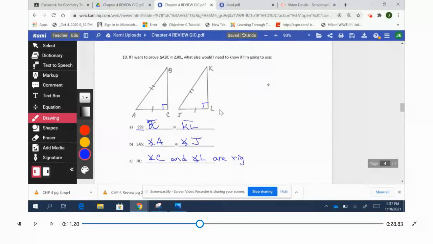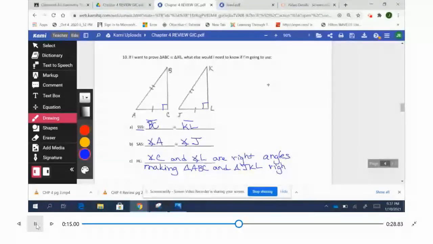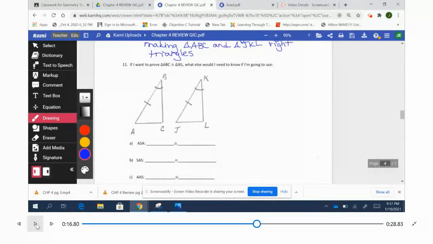You actually specifically have to say they're right angles. I'm probably adding more than I need to, but I want to make sure that there's no questions here. So I said that would make those triangles right triangles. That kind of opens the door for hypotenuse leg.